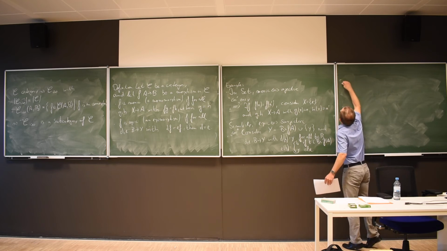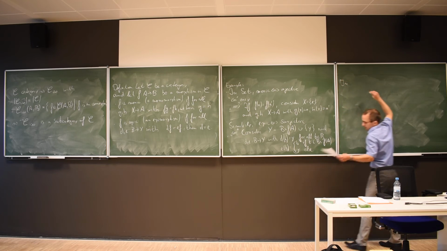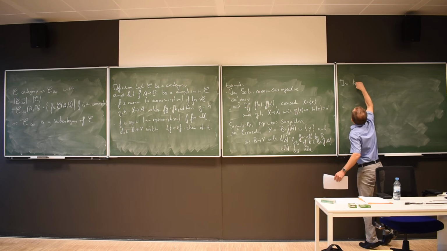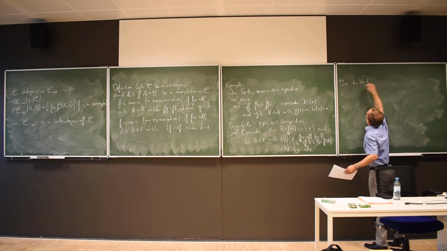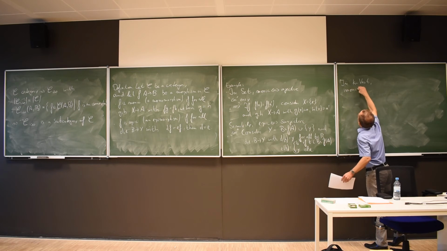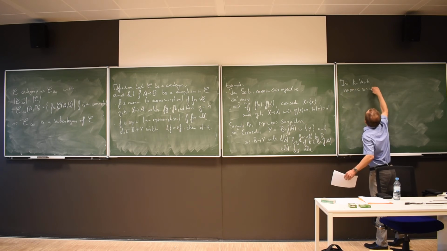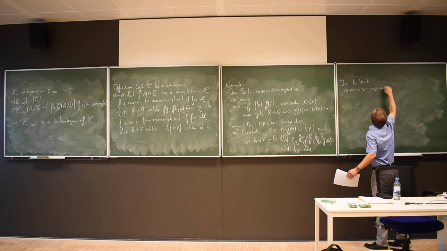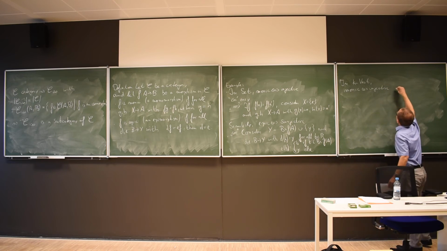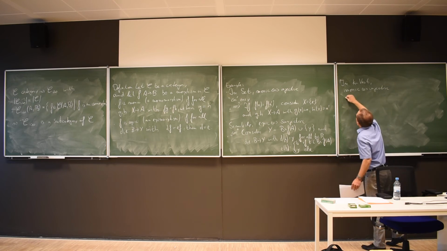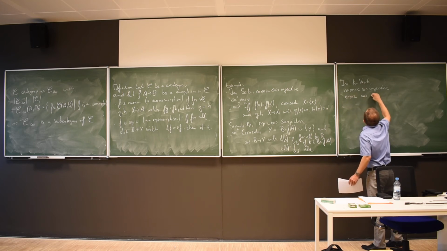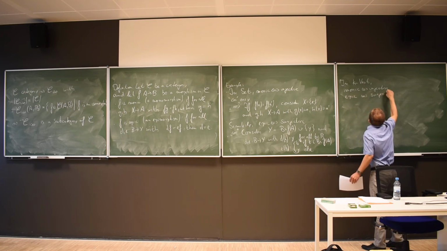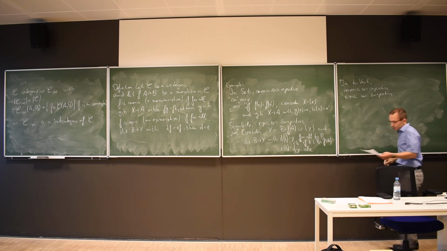The situation is very analogous in the category of K-vector spaces. Here we also have that monic is the same as injective, and we have that epic is the same as surjective.